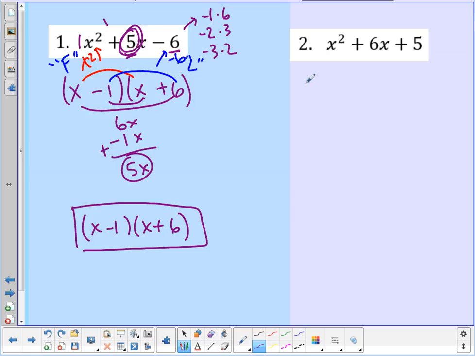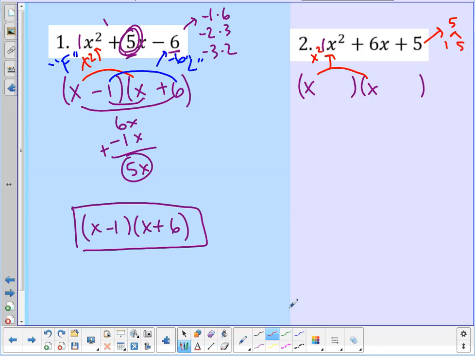Number 2, I'm going to look for GCF. 1, 6, and 5 have no GCF. So I'm going to just set up my factors here. I know that the only way I can get x squared is if I have x times x. So I check the last, and here, this is a convenient one too. The only way to get to positive 5 is if I have a 1 and a 5.